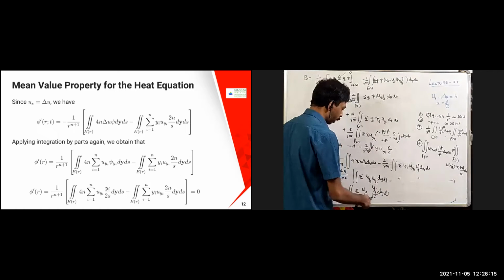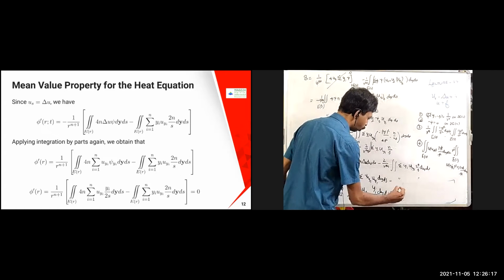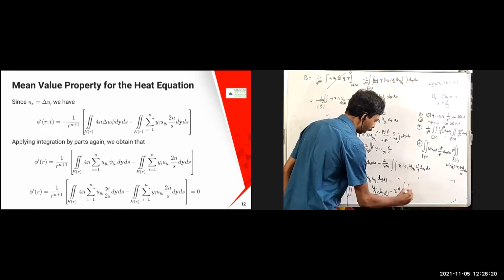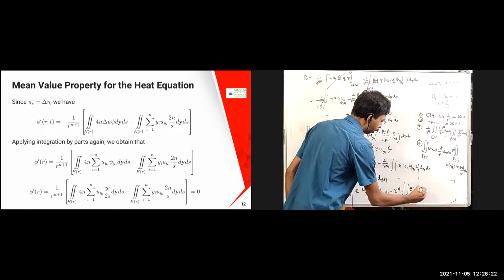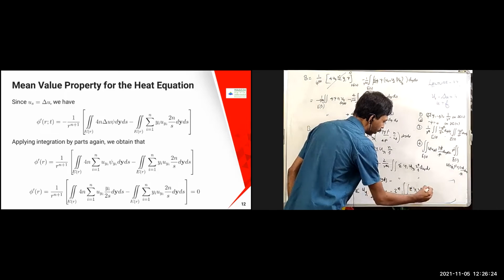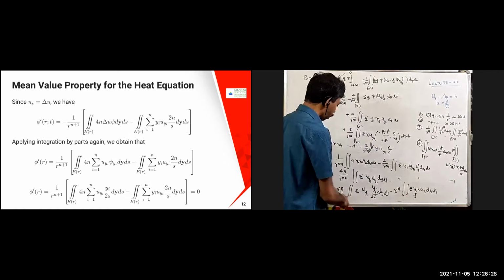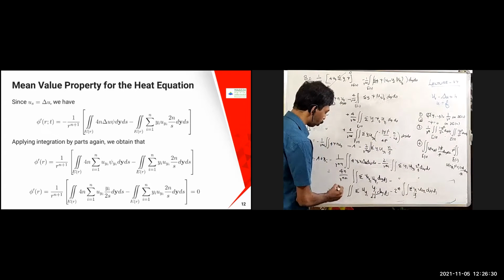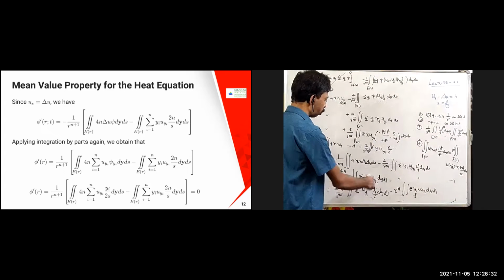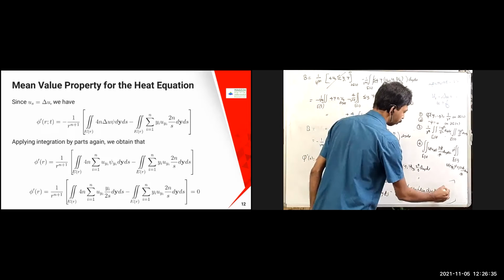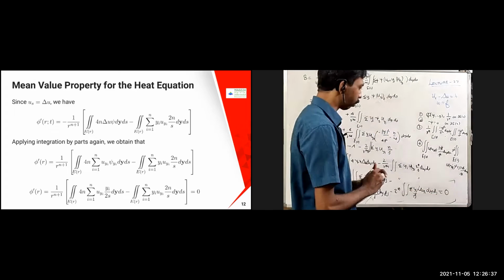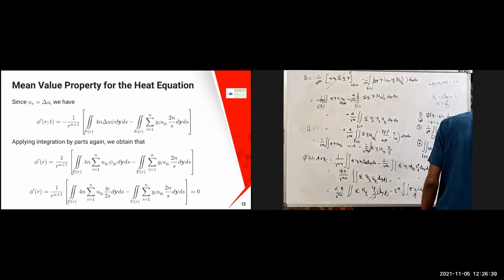So here 4, here 2, and here it is minus 2n by 2n into integral summation y_i ψ u_y_i dy ds. So the 2 gets cancelled. This is also 2n, this is also 2n, so both are going to get cancelled. So we are going to get 0.